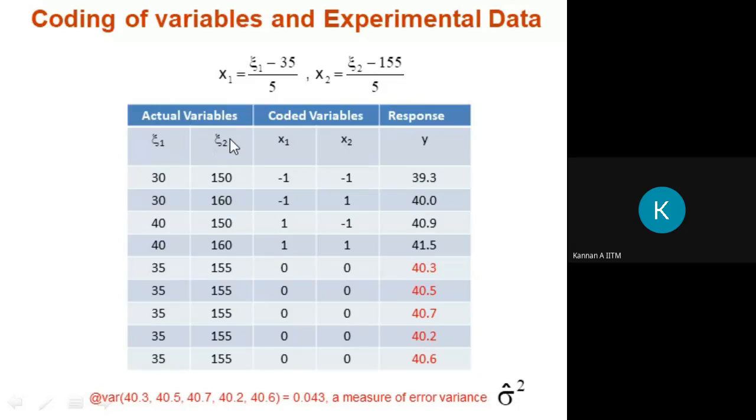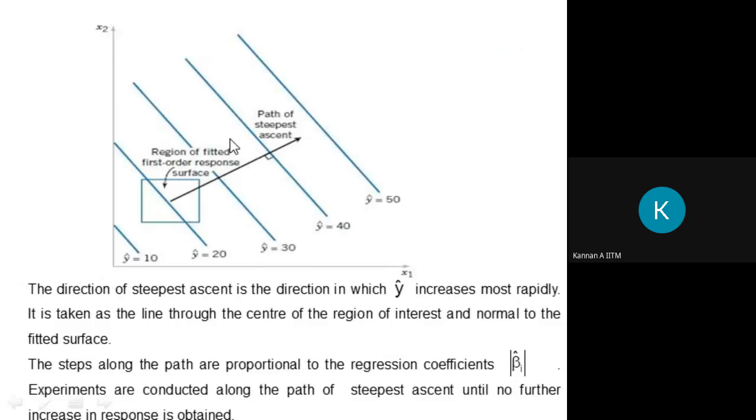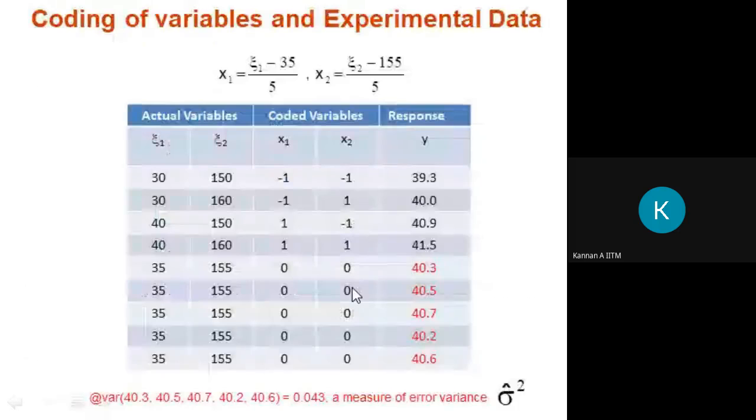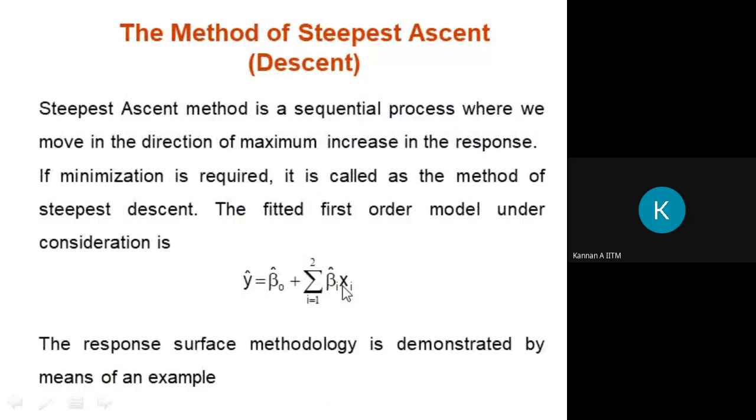So if I'm using x1, which is time, time is a lower value, and temperature is the x2 value, which is 5 times higher than time.